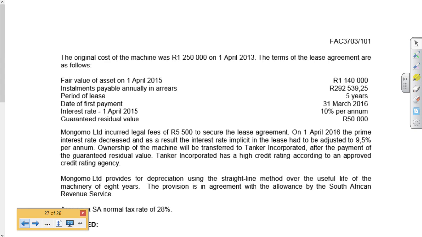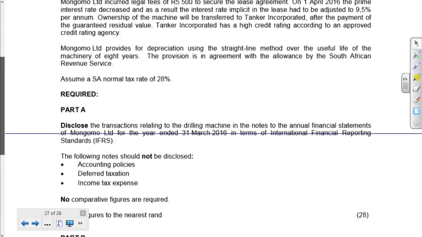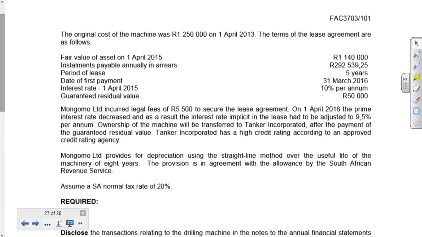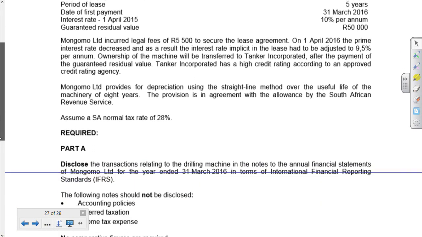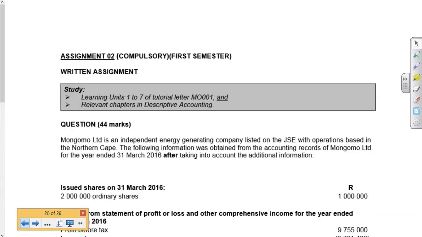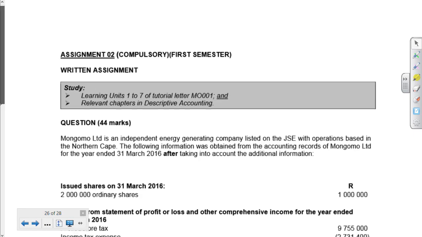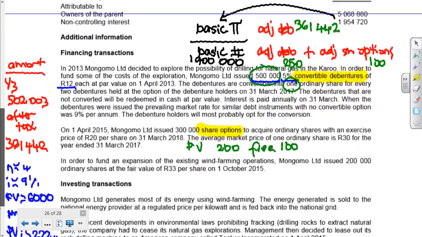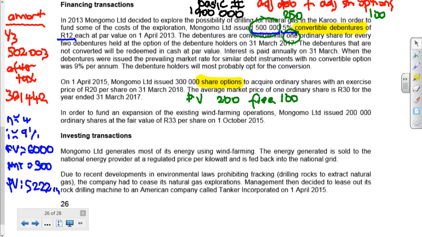First question, is it a lessor or a lessee? It's a lessee. The straight lessee generates most of it. Oh no, it's a lessor.